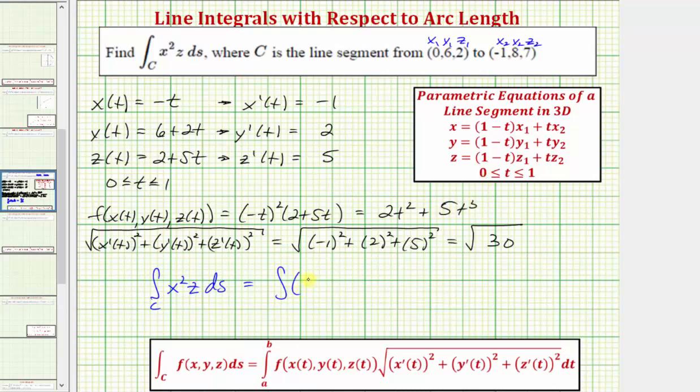So we have the quantity 2t squared plus 5t to the third. And we already found the value of the square root to be the square root of 30, so we have times the square root of 30 dt. And now the limits of integration for t are from 0 to 1 because we set these parametric equations up so that it traces out this line segment from t equals 0 to t equals 1. Now let's evaluate this on the next slide.